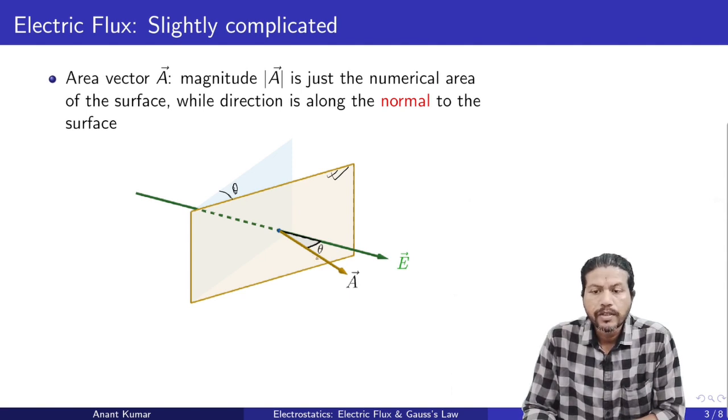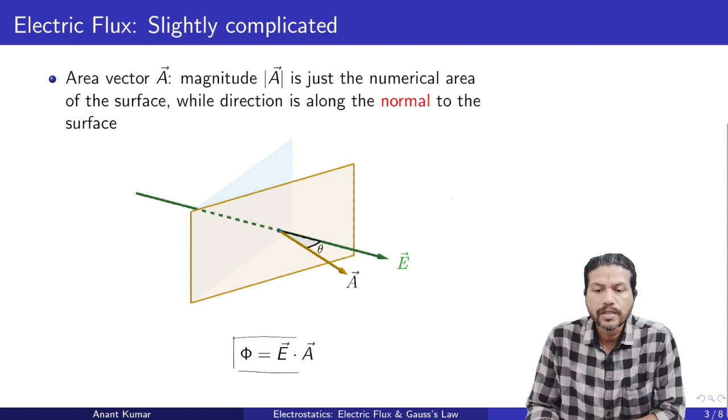As a result, we could utilize the dot product of two vectors and write down the flux as simply E dot A, because it was E into the area into cos of the angle between them. So, this is the fundamental definition of the flux. It is basically a dot product of the electric field and the area.